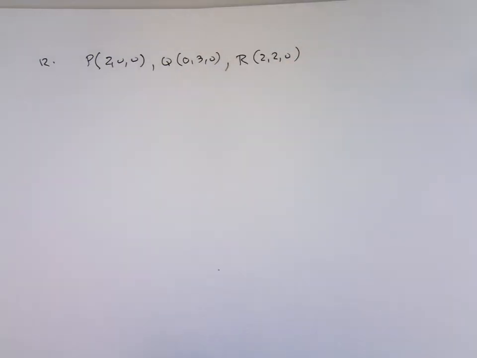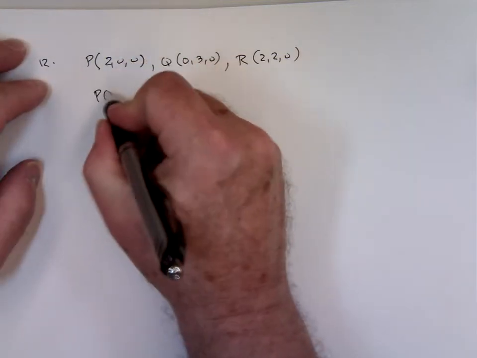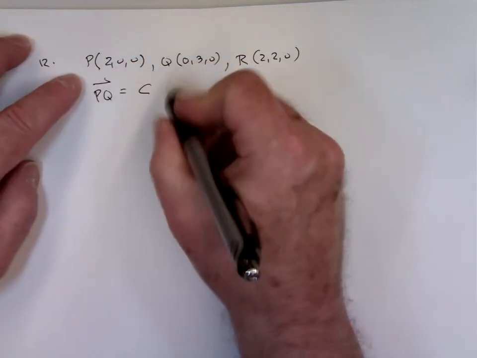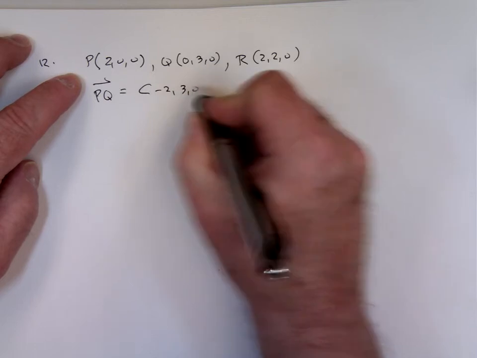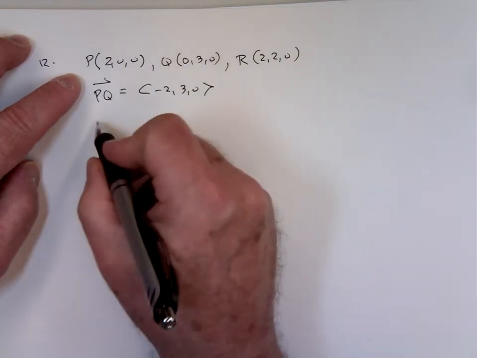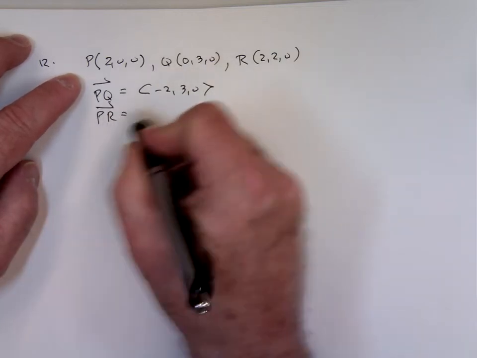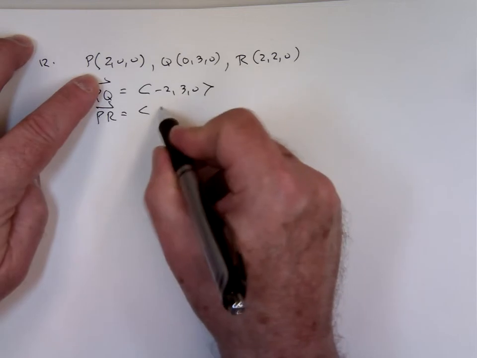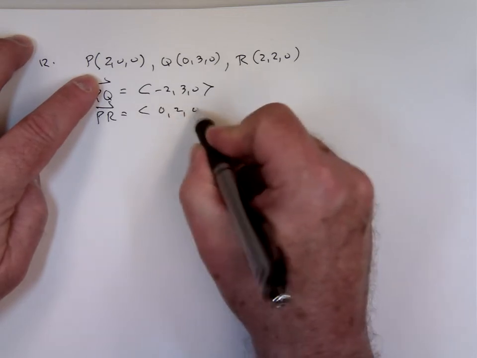We already have PQ somewhere along the line. Well, it's easy enough to do. Here's PQ, negative 2, 3, 0. PR, 0, 2, 0.